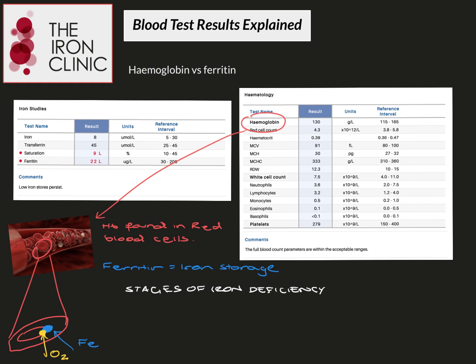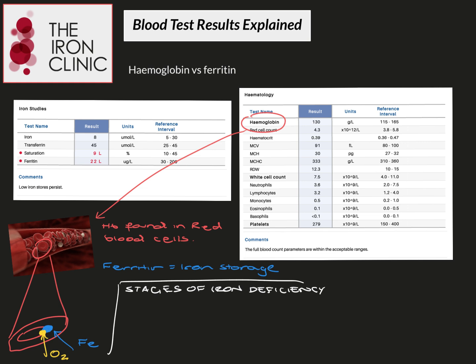However, they go unrecognized or normalized and untreated. But if your ferritin decreases to a point, and we break this up into the different stages of iron deficiency, then it can get to the point where we don't have enough iron to make haemoglobin, or our ability to make haemoglobin is compromised.